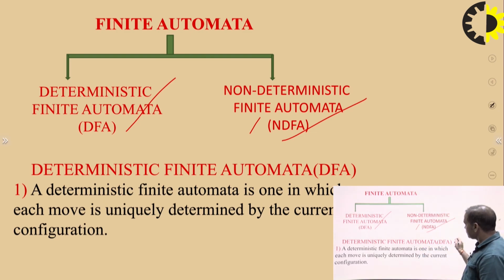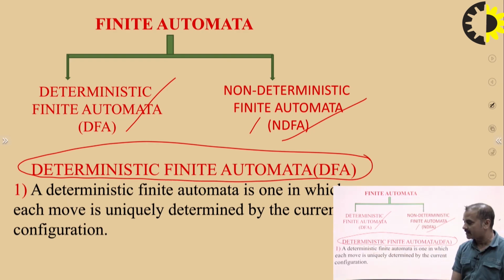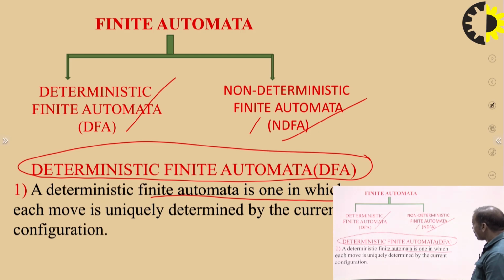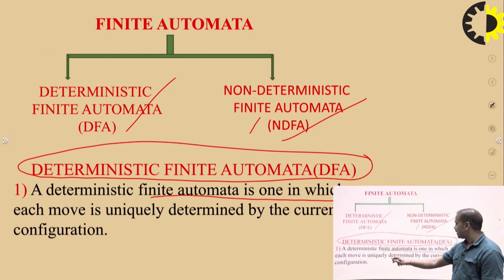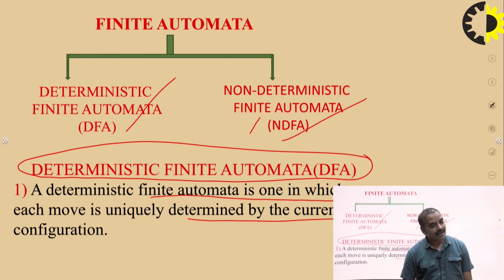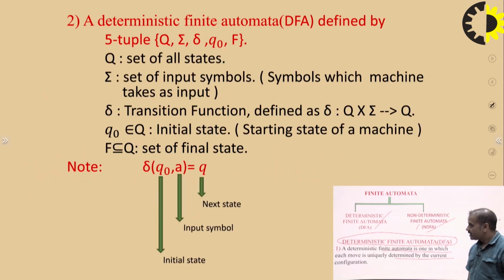Here we have to write the definition of deterministic and non-deterministic finite automata. A deterministic finite automata is one in which each move is uniquely determined by the current configuration. That means if there is a unique move, that means a unique next state, then the automata is called deterministic automata.